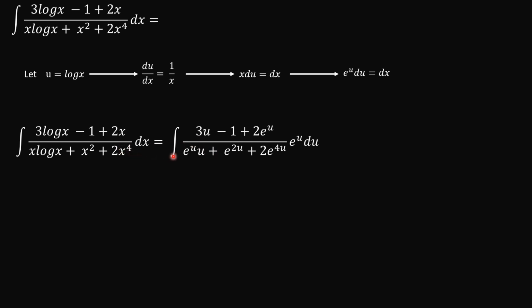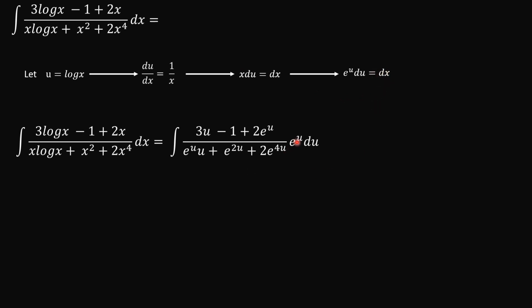So the integral now becomes 3u minus 1 plus 2 times e to the power u over e to the power u times u plus e to the power 2u plus 2 times e to the power 4u, times e to the power u du, by substituting for dx here.